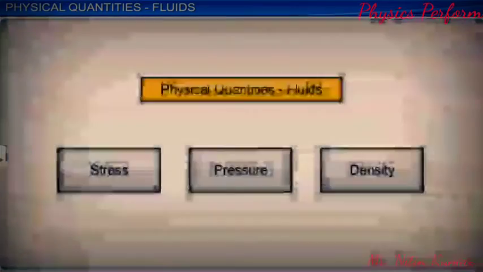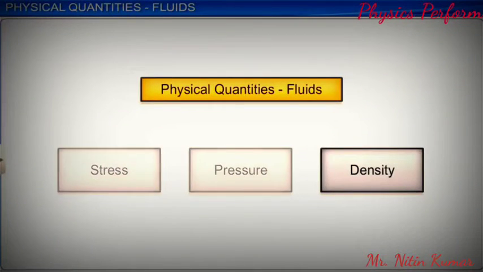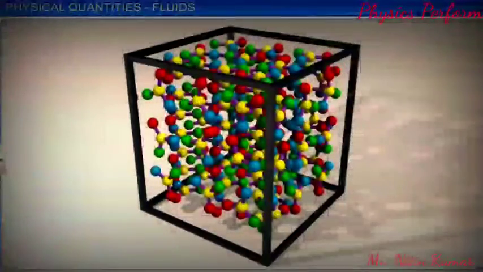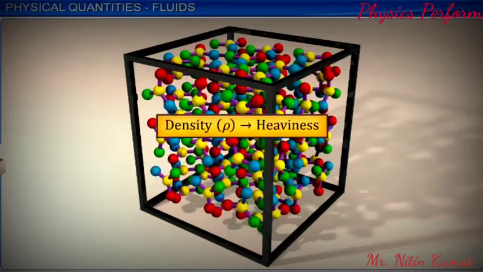Another important physical quantity related to fluids is density. Density is represented by the Greek letter rho. Density of a substance gives a fair idea of its heaviness. It is defined as mass per unit volume.